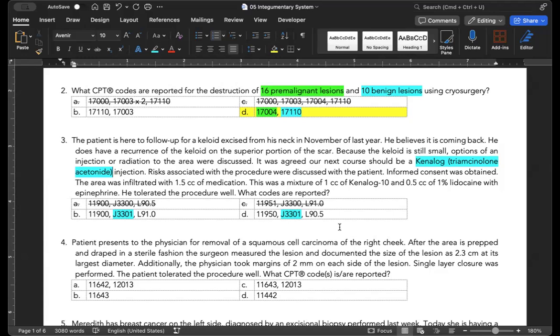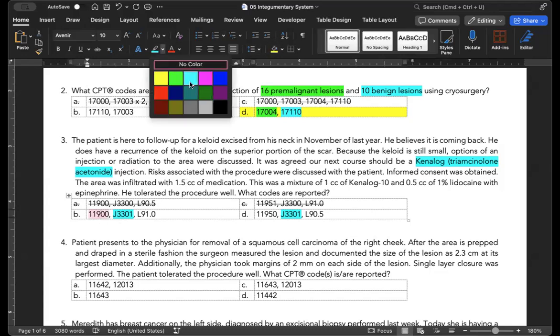Any thoughts? Just the injection? Yep. It's going to be an injection intralesional, because if we're trying to break down the keloid, then we are not going to be doing a filling material because that's just going to plump it up, right? So if we are trying to break it down so that that keloid will go away, then we should just bill or code for the injection that was done intralesionally.